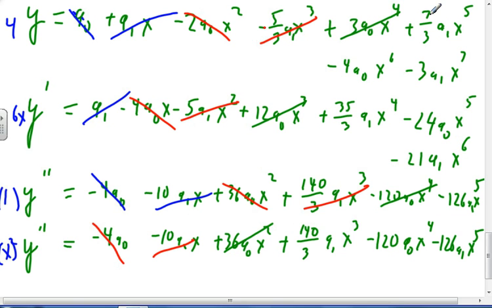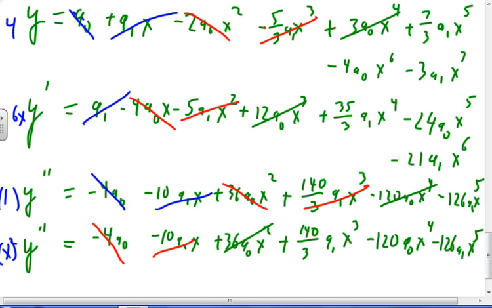I've got 21 thirds plus 6 times 35 thirds. Shouldn't that be 28 thirds? Where? The first one. Instead, you said 21.